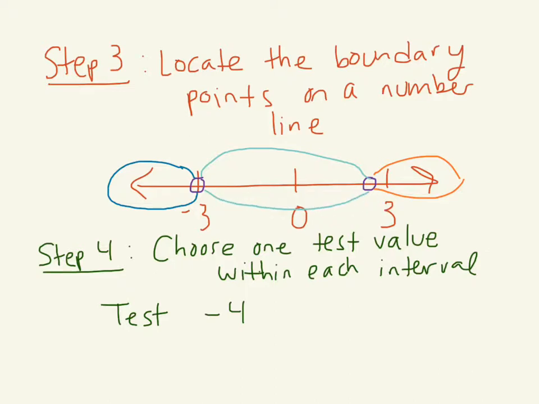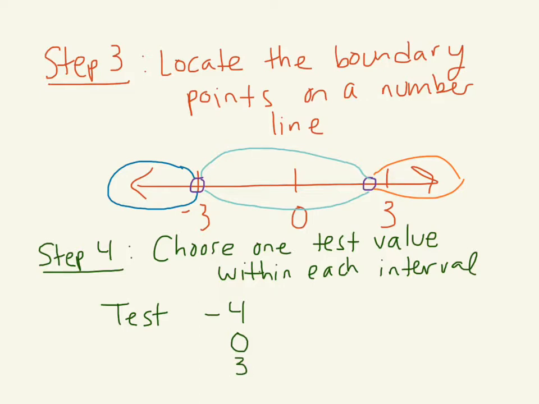I'm going to pick 0 because 0 is going to be the easiest one to test. And last but not least, from 5 halves up to +infinity, I can pick any value bigger than 5 halves, because remember 5 halves is not included here, to test. So I will test 3.